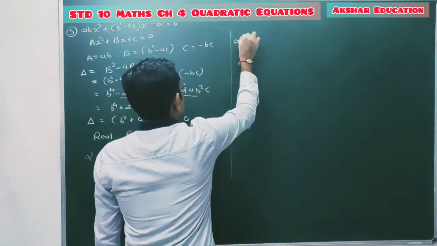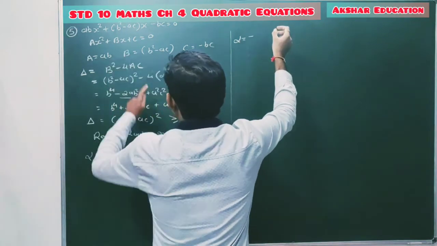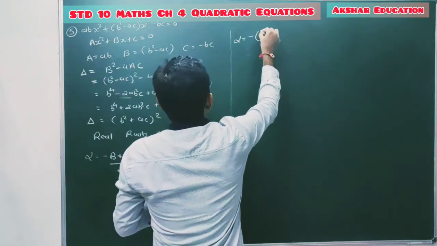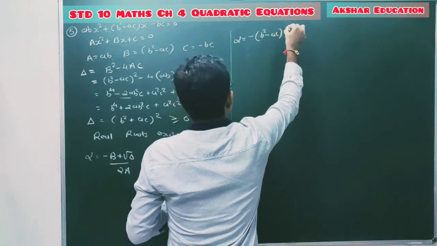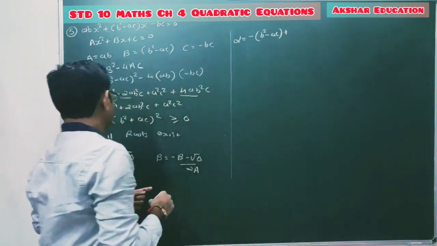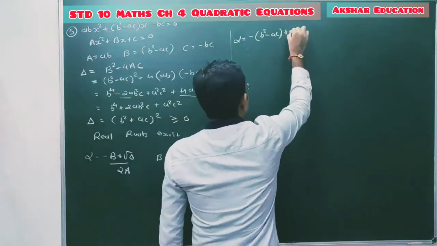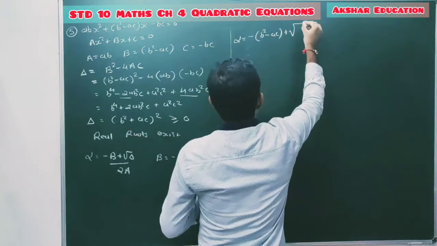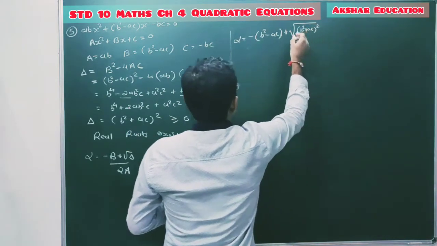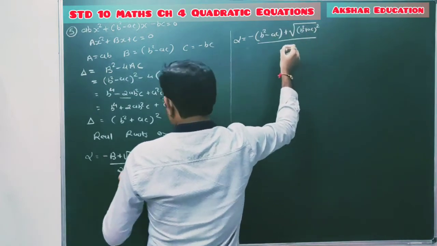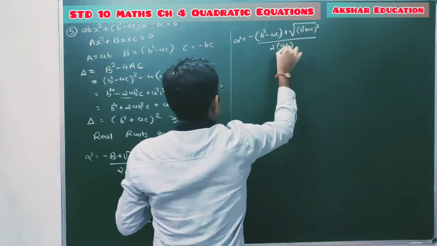So now first root alpha equal to minus b, which is b square minus AC, plus square root of delta. So square root of delta is b square plus AC whole square upon 2a, 2A is 2AB.